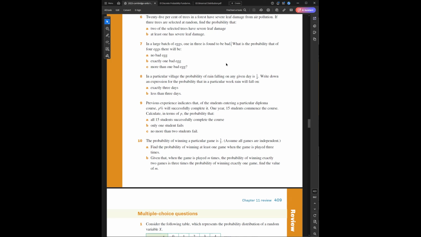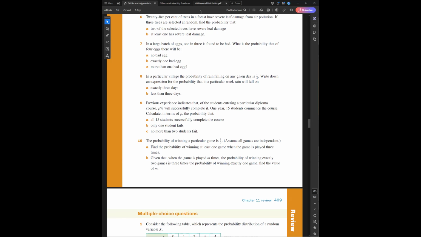Problem with that, if you have a look at the question, it doesn't give you any information to handle that if that was the case, right? If it was conditional, if it wasn't independent, then there's nothing you can really do about that. The only thing we know about this scenario is that 1 in 3 eggs are bad.